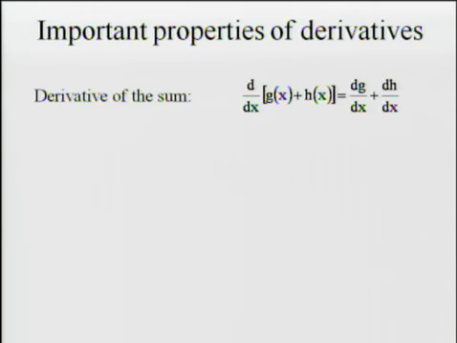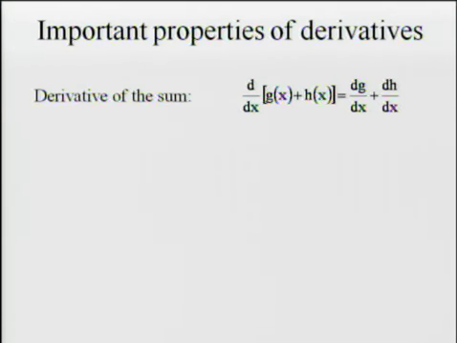So, when we calculate the derivative of a sum of 2 functions, let's say that I have 2 functions. I use the same formulas. I switch now from xi to x to be consistent with the book. So if I have 2 functions of a certain variable x, function g of x and h of x, and I calculate the derivative of the sum, it is equal to the sum of derivatives.